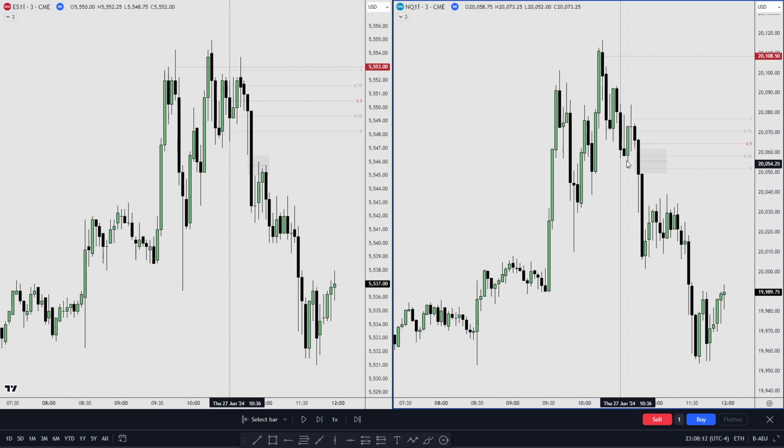For NQ, this was sort of like a breakaway gap because we have closed below this swing low. This was the low that made this high here. So this consecutive down close candles is the breaker. So if I was to line up the fibs with the breaker, it traded back up all the way into the 25% right here, and then it dropped.